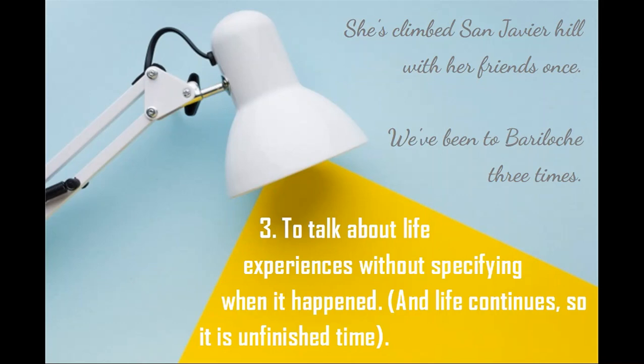Ok, ahora si yo quiero especificar, puedo decir we went to Bariloche in 2005, 2009 and 2011. Estoy diciendo exactamente los 3 años en los que fui. Entonces ahí uso pasado simple.